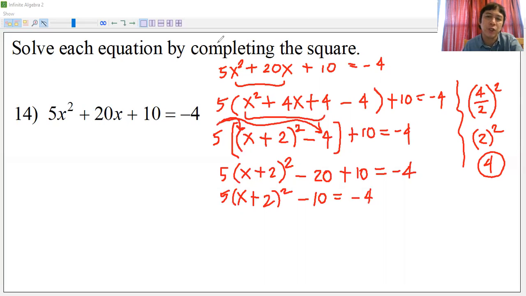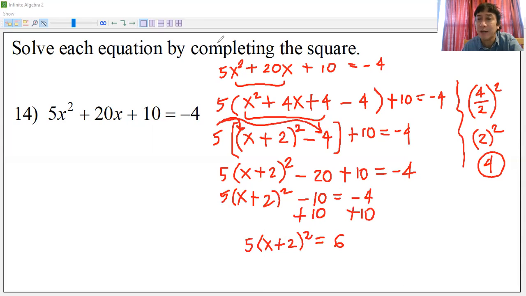To continue, we add 10 to both sides, add 10, add 10. And the right side becomes 6 there. Now the left side has the 5 and the x plus 2 squared. No more number 10 there, because that turns out negative 10 and plus 10, that's a 0.